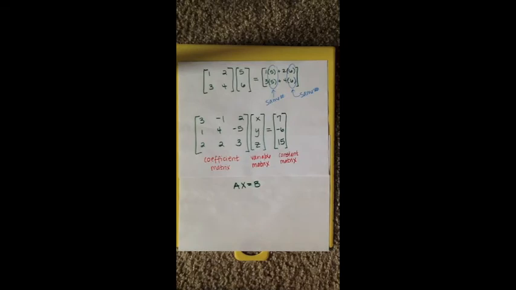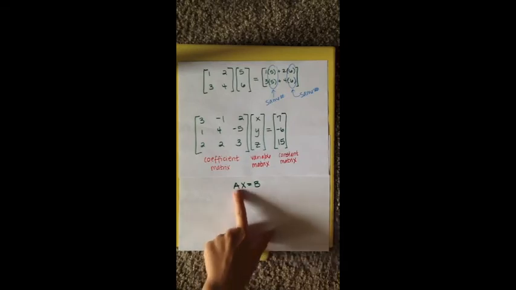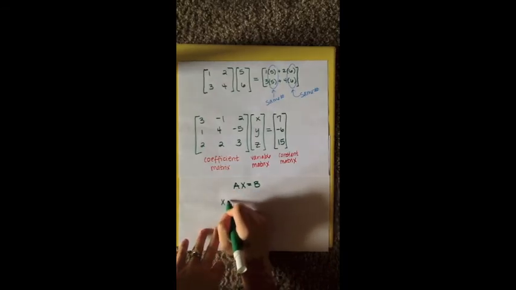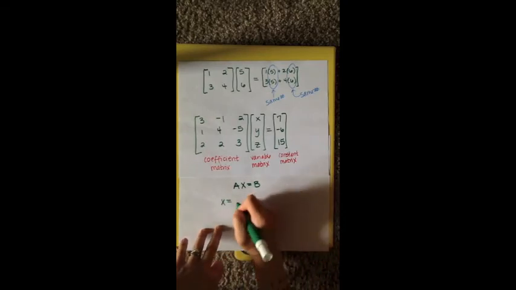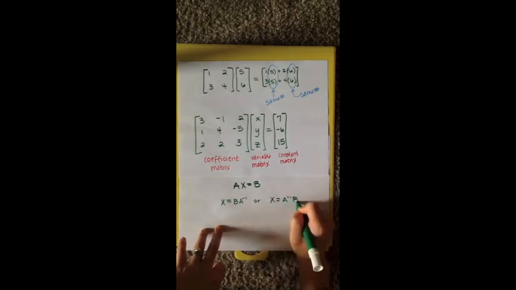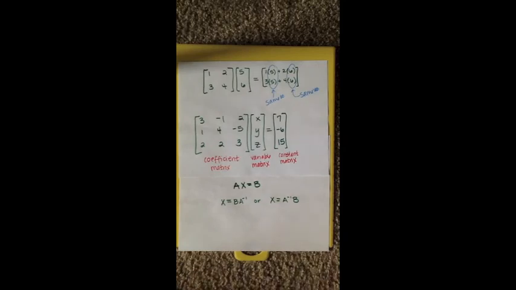And when we multiply by its inverse, we want the inverse of A, because that's going to get rid of it. So we have two options here. Is it X equals B times the inverse of A, or is it X equals the inverse of A times B? Does it matter? Yes, it matters.